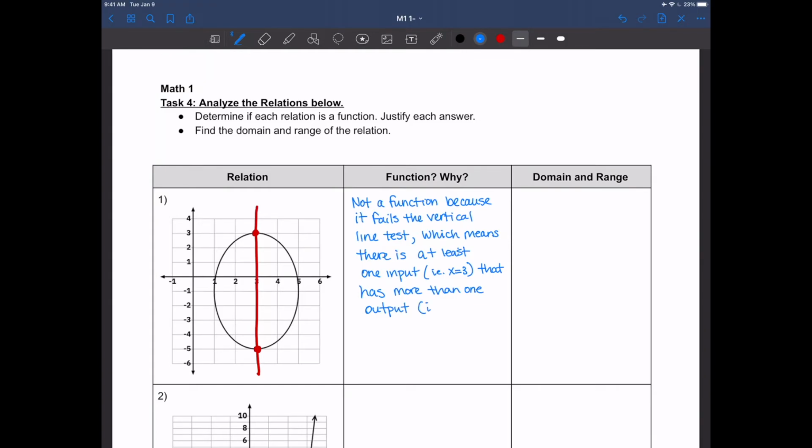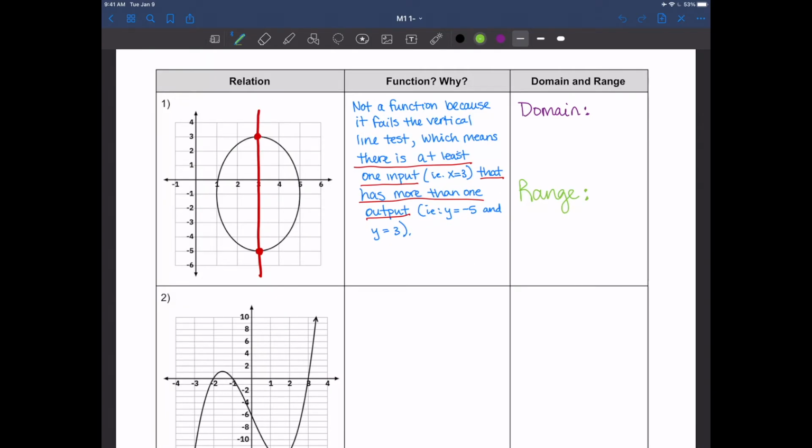So if I look at x equals 3, x equals 3 goes to y equals -5 and y equals 3. So remember, this part right here, there is at least one input that has more than one output, has to be a part of your explanation for why something is not a function.